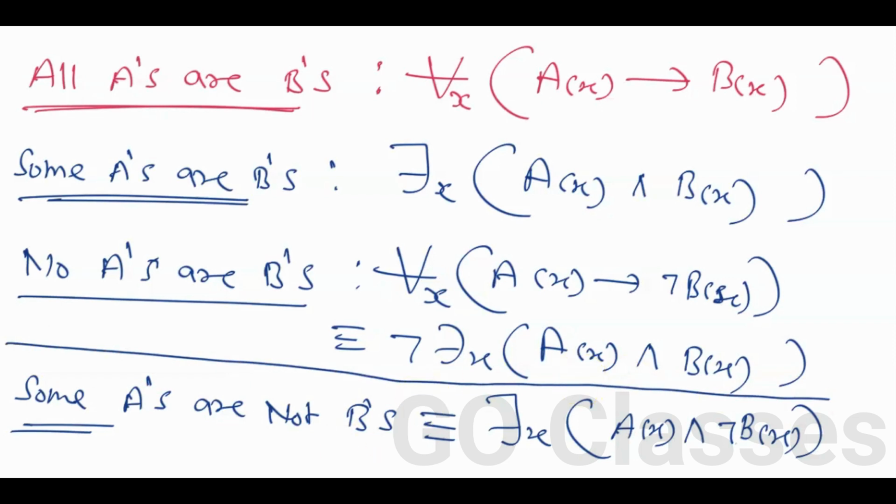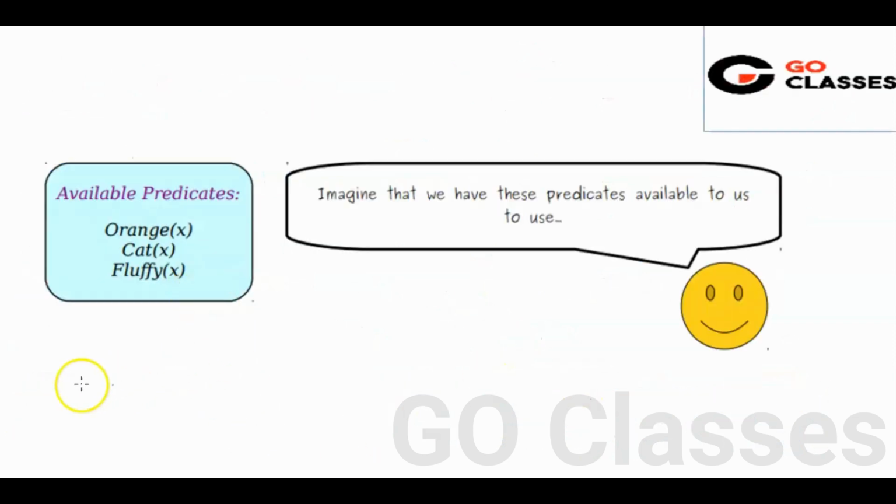Okay, so let's see some examples. Now let's assume these are the predicates: orange X, cat X, fluffy X. Orange X means X is orange, cat X means X is cat, fluffy X means X is fluffy. Now let's see this. Every orange cat is fluffy.